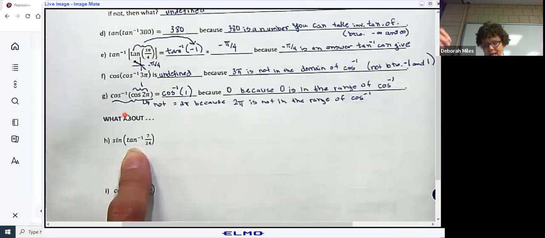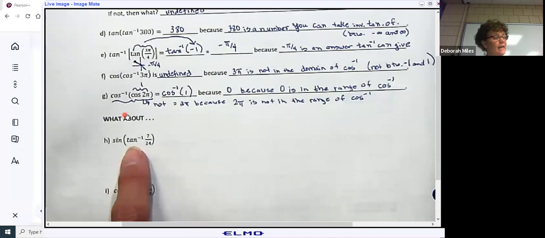Can you think of an angle whose tangent is 7/24? No y divided by x that I have memorized on the unit circle is going to give me 7/24. But should that have an answer? Is there an angle whose tangent is 7/24?